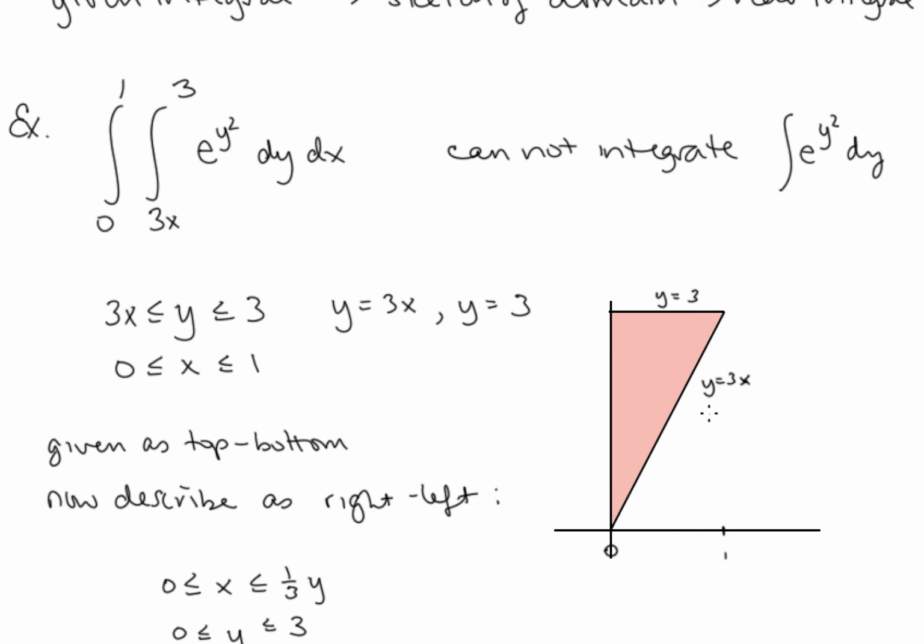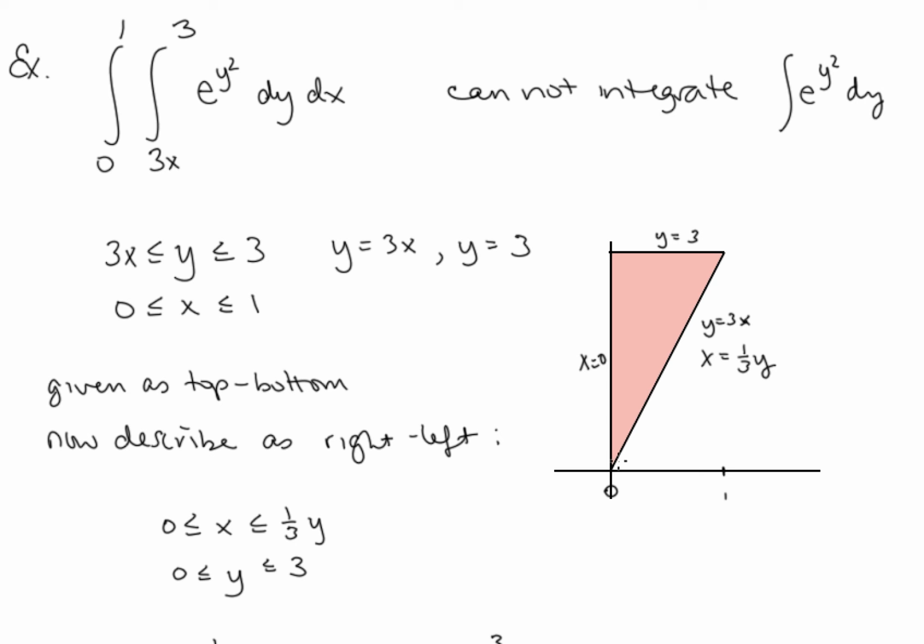So this y equals 3x can also be written as x equals 1/3 y, and that's going to be our right curve. And our left curve is going to be x equals 0. So x is going from 0 to 1/3 y. And then with that, y is going from 0 to 3.